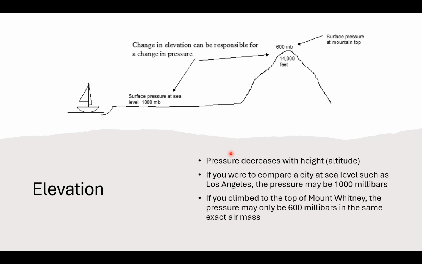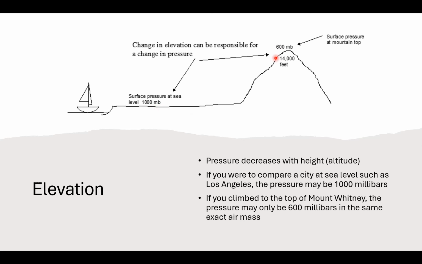If we look at pressure versus elevation, pressure is generally going to decrease with height or altitude. For example, if you were at a city at sea level, such as LA, let's say the surface pressure reading on your barometer in LA is 1,000 millibars.